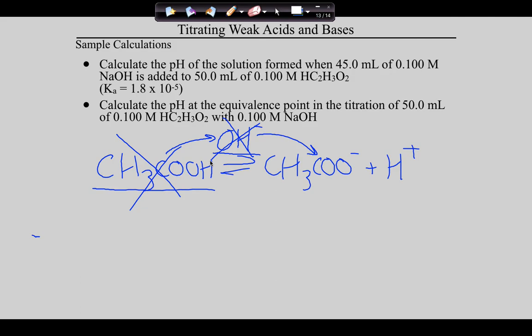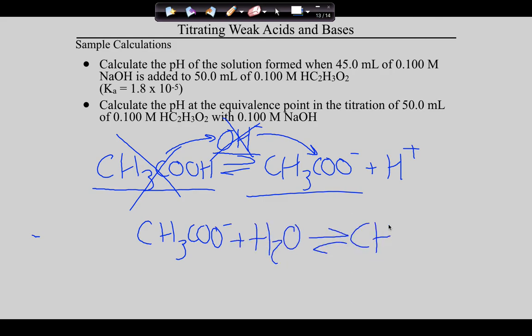So all of this is gone. We don't have any extra of that. So what do we have? Well, guys, we've got acetate ion. All of that acetic acid has been converted to acetate ion. So what does that acetate ion then do? Well, that acetate ion then reacts with the water that has always been present in the system, and we end up with this chemistry taking place.